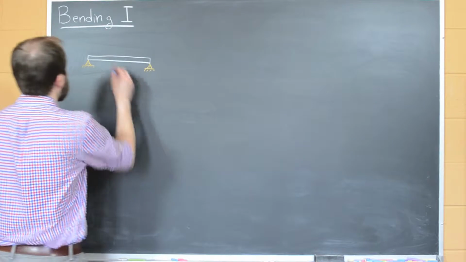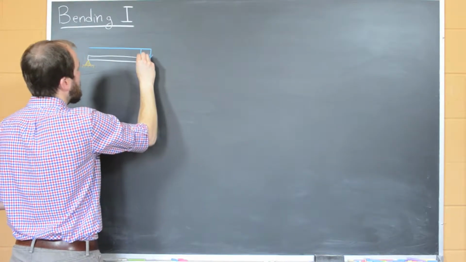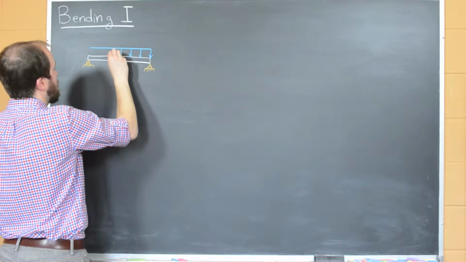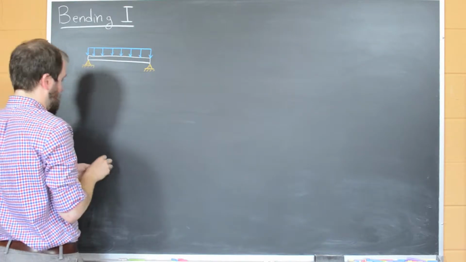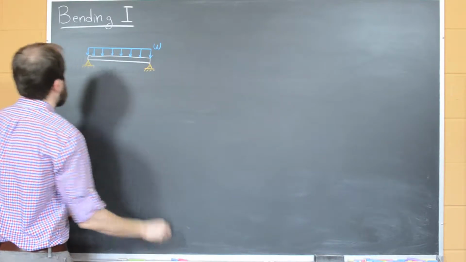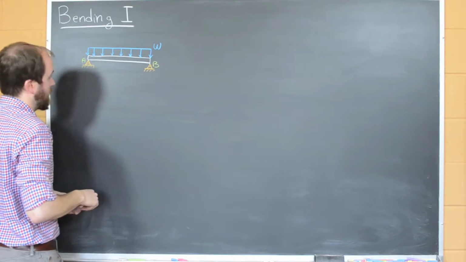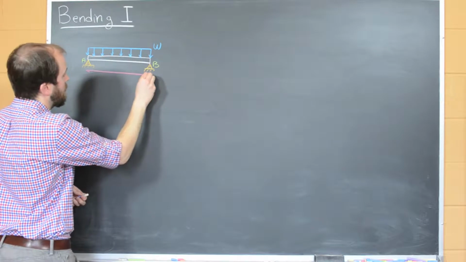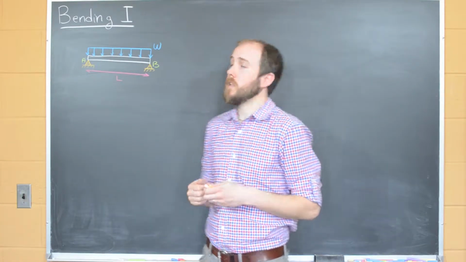Take, for instance, this given beam, in which we have a uniformly distributed load, and we'll have that load be W. From A to B, which is along some length L, this beam has a uniformly distributed load.